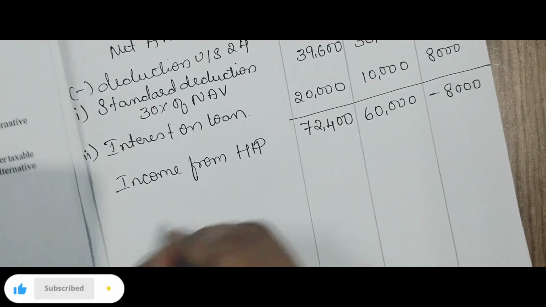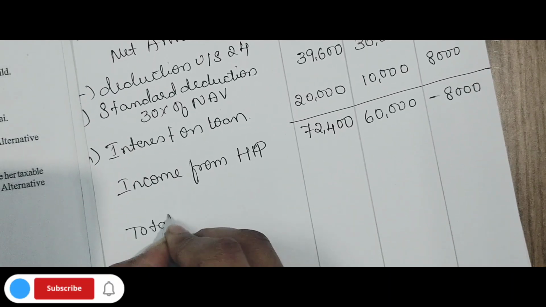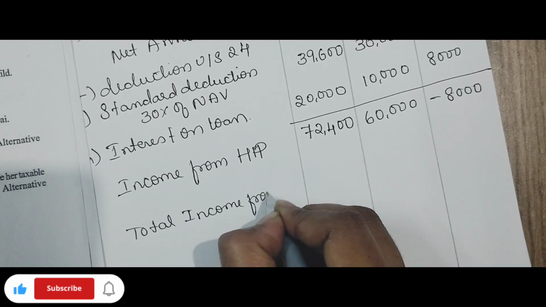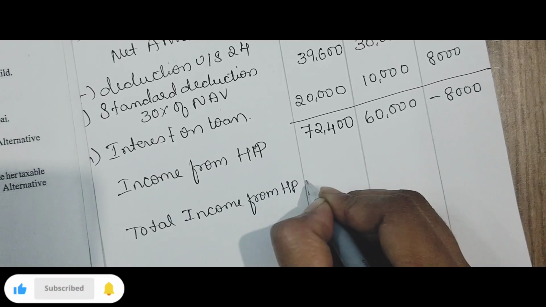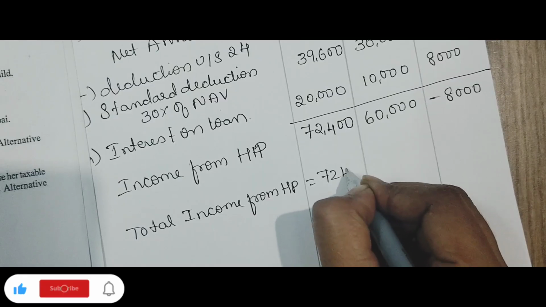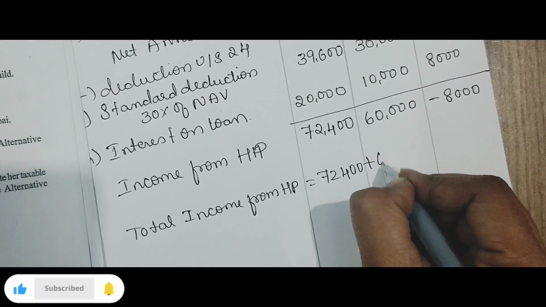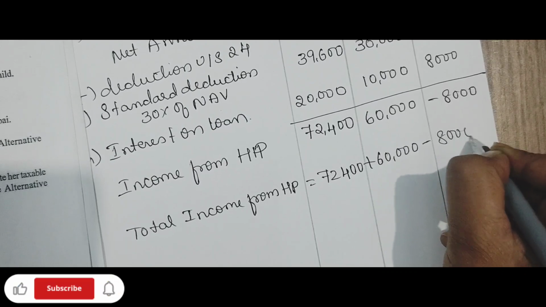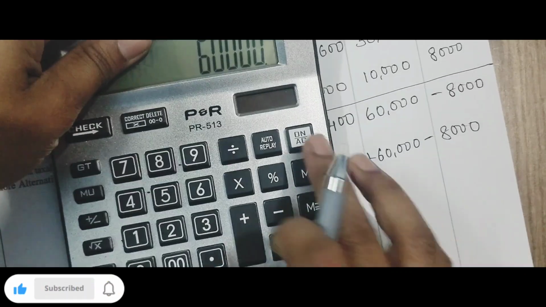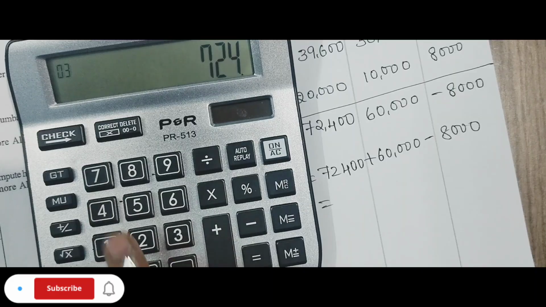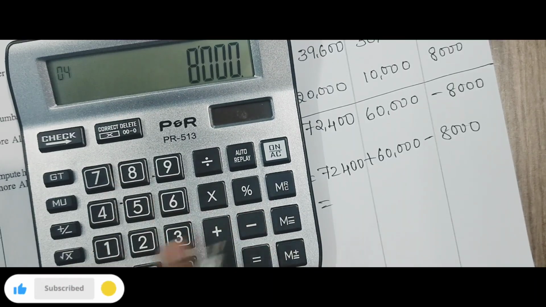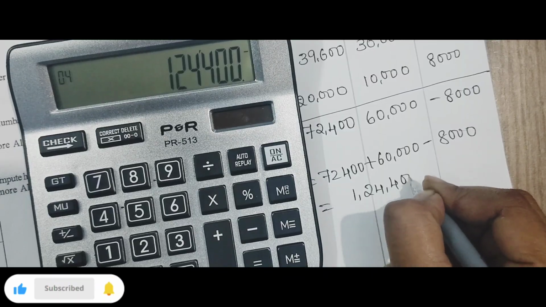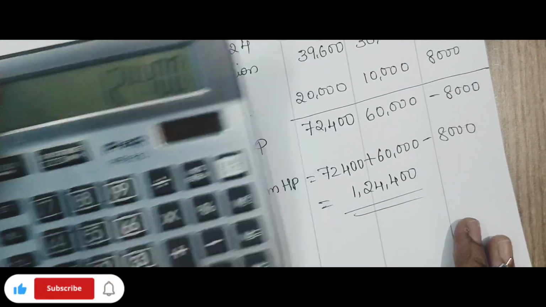Now the total income from house property is 72,400 plus 60,000 minus 8,000. One lakh 24,400 is your total income from house property.